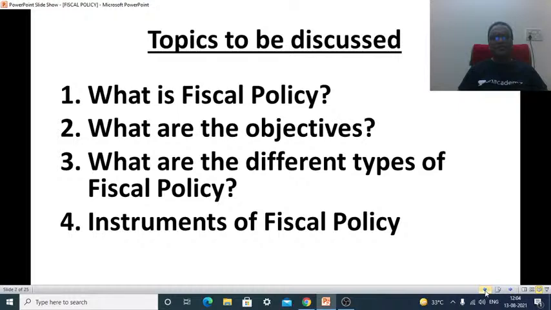These are all the objectives of fiscal policy. Everything from growth to development is a part of the objectives of fiscal policy.